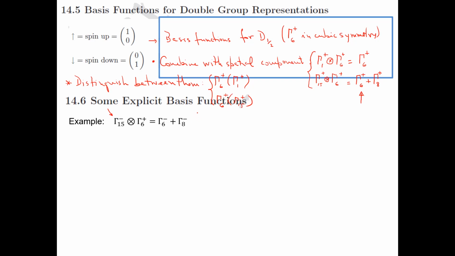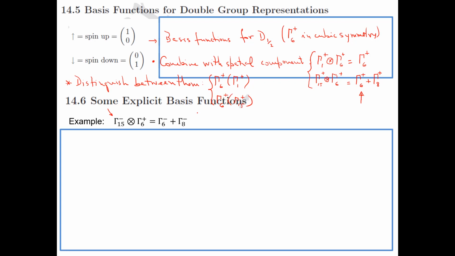This is an interesting example to consider, because if you remember, the basis for the gamma 15 minus is the vector, for the spatial part.